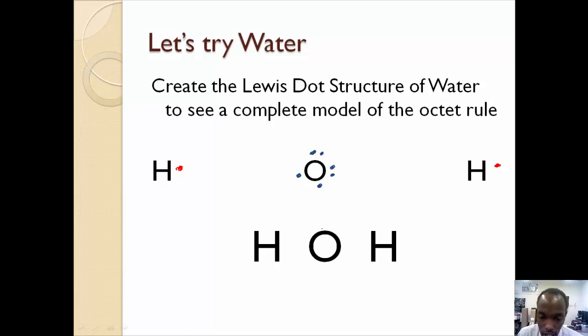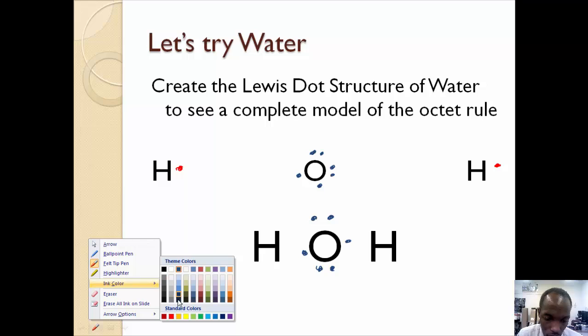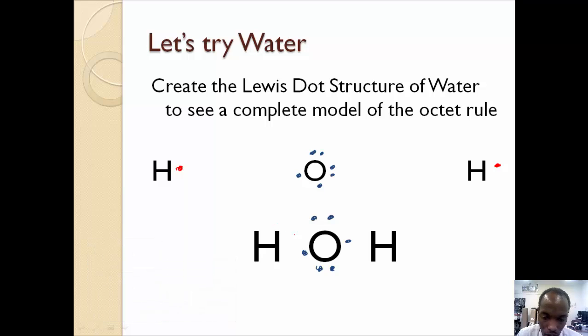Alright, so here's how the arrangement will look. 1, 2, 3, 4, 5, 6. And alright, so we have them sharing these, and that way their octet rule is complete.